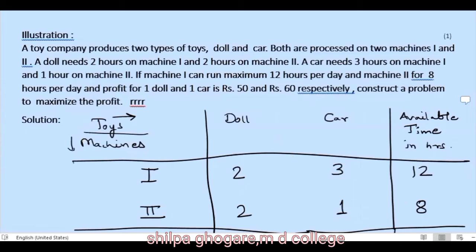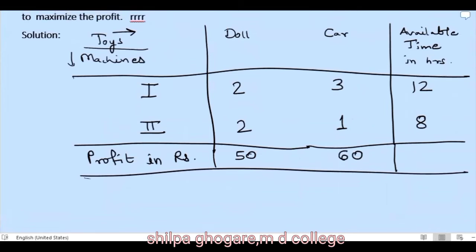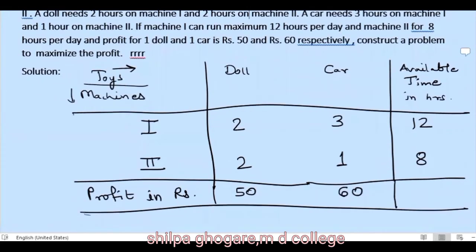We can represent this problem in a tabular form. So these are the two toy products, you can say. Two machines are here. Now the information is represented in a tabular form. 2 hours are required under machine 1 for one doll. Same way, 3 hours for one car under machine 1.